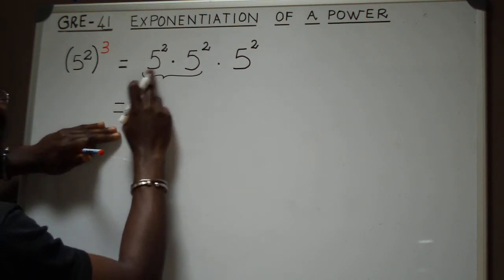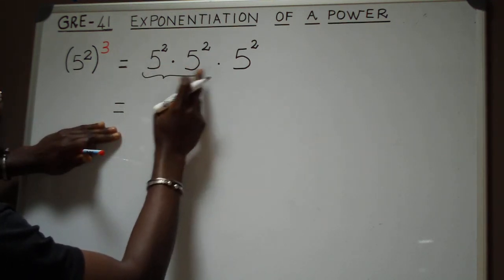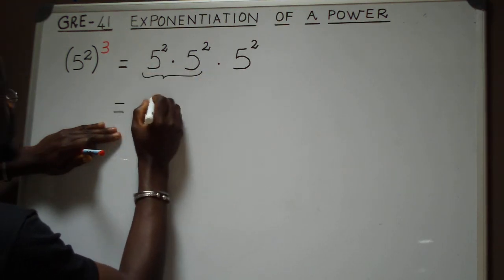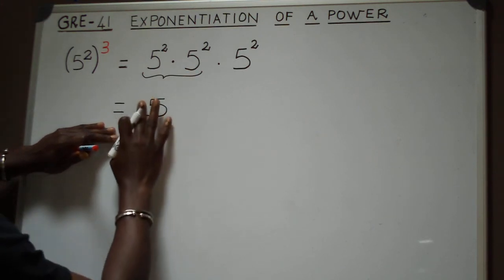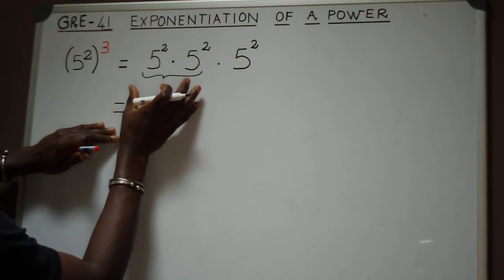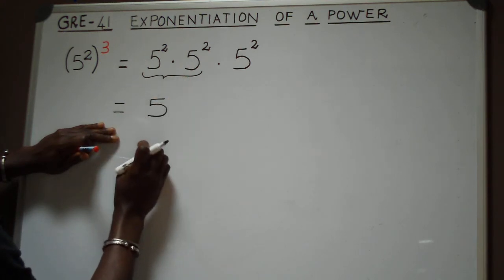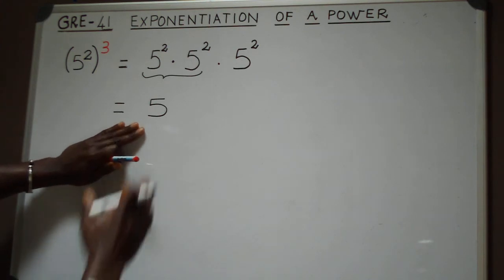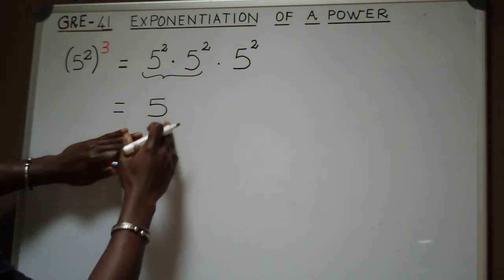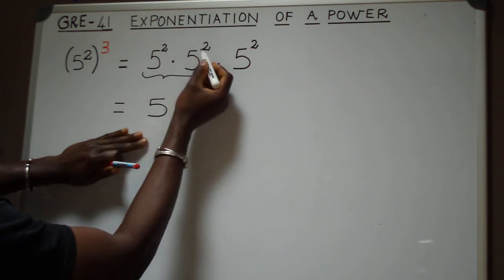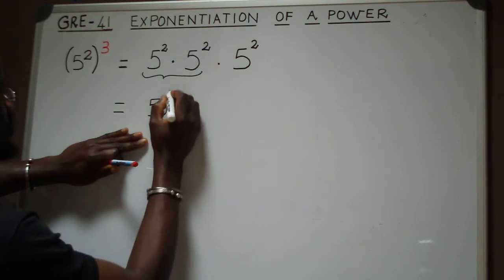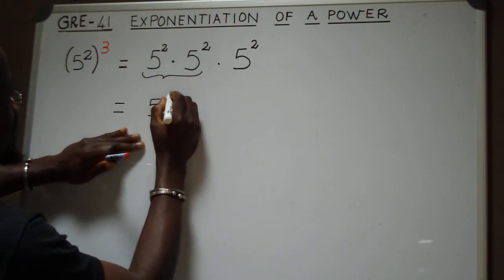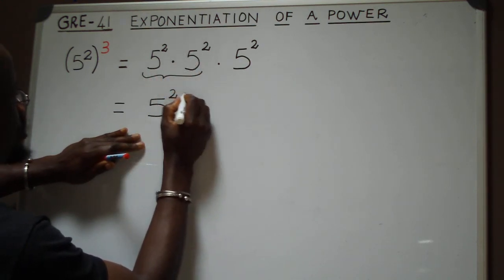In other words, they share the same base, and the base here is 5. We have seen in one of our previous tutorials that when two powers share the same base and you multiply them, all you have to do is write the common base and then raise it to the sum of the exponents of the two powers. Here our first exponent is 2, and our second exponent is also 2. Therefore, combining these two powers gives us 5 to the exponent 2 plus 2.